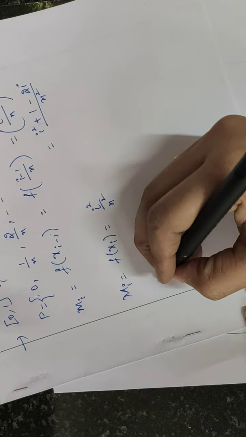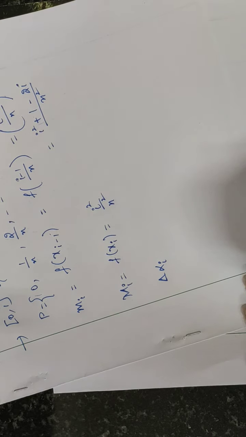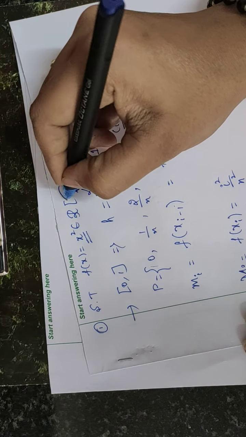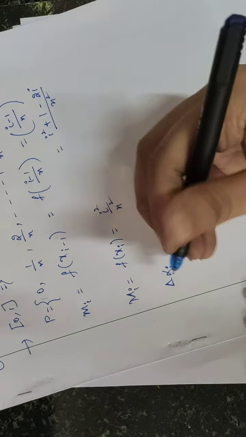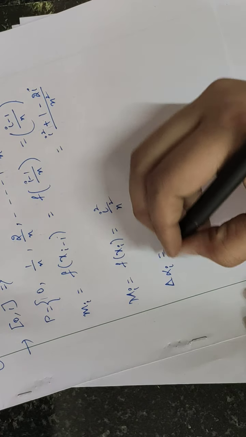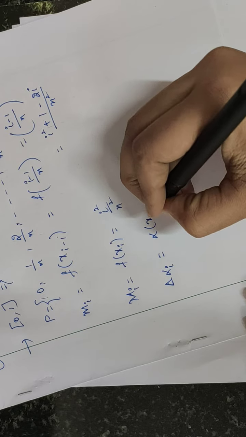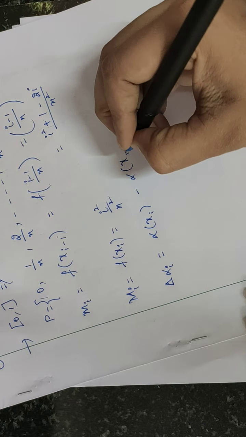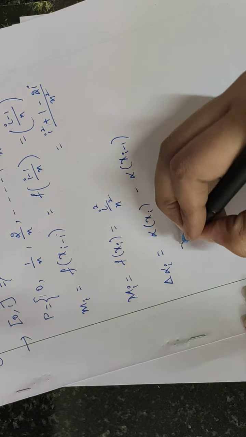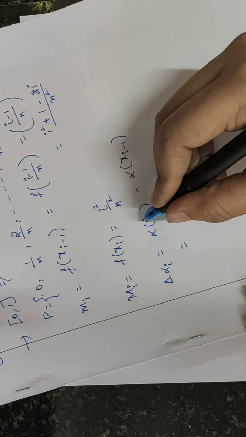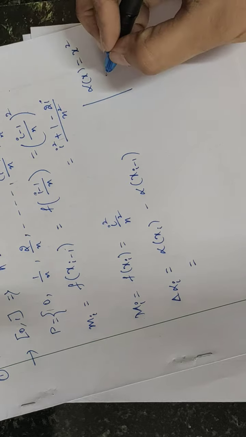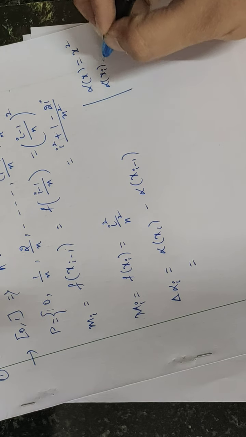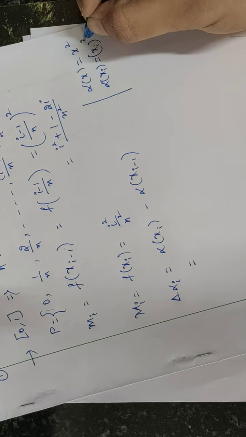So now we got the values of capital M_i and small m_i. Now let us find the value of delta alpha_i. You should be very careful here because the alpha value is x square. Now what is delta alpha_i? Delta alpha_i is nothing but alpha of x_i minus alpha of x_{i-1}. Substitute the values here. Alpha of x is equal to x square, so alpha of x_i is nothing but x_i whole square.